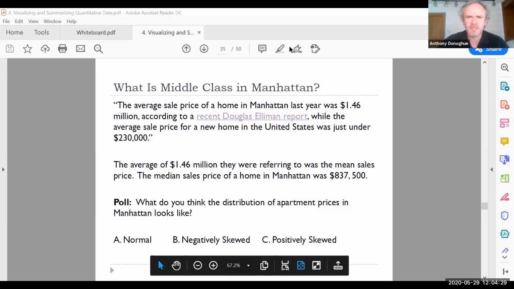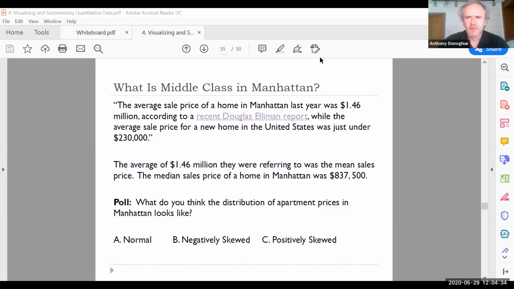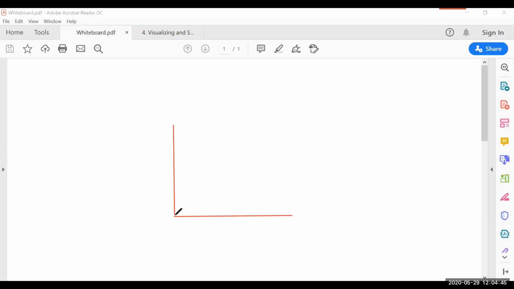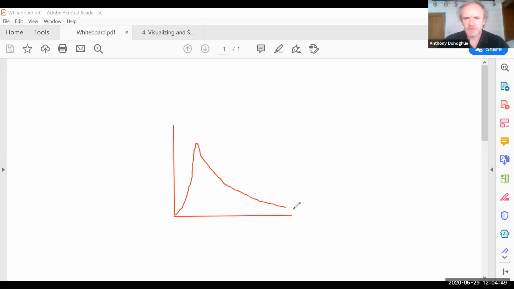So just to annotate a little bit. All right, so you have, we think, something like that. So the median, when I looked it up, would be somewhere in the middle here, where 50% of values are above it.